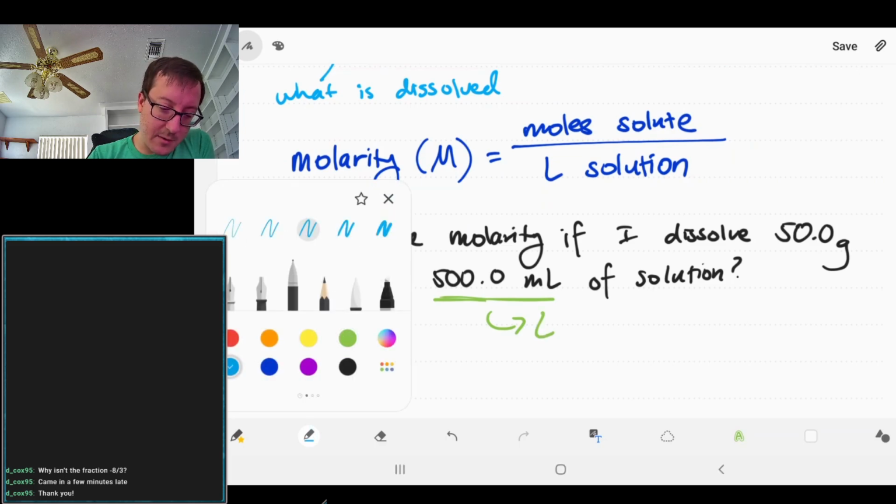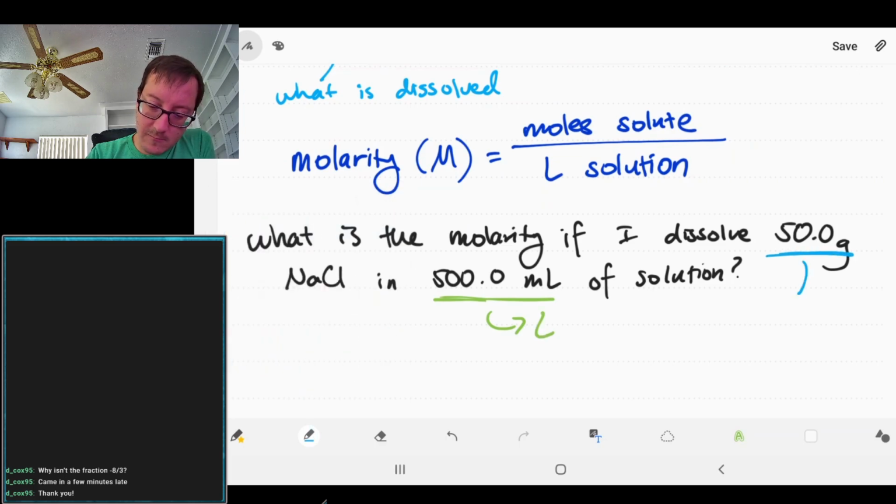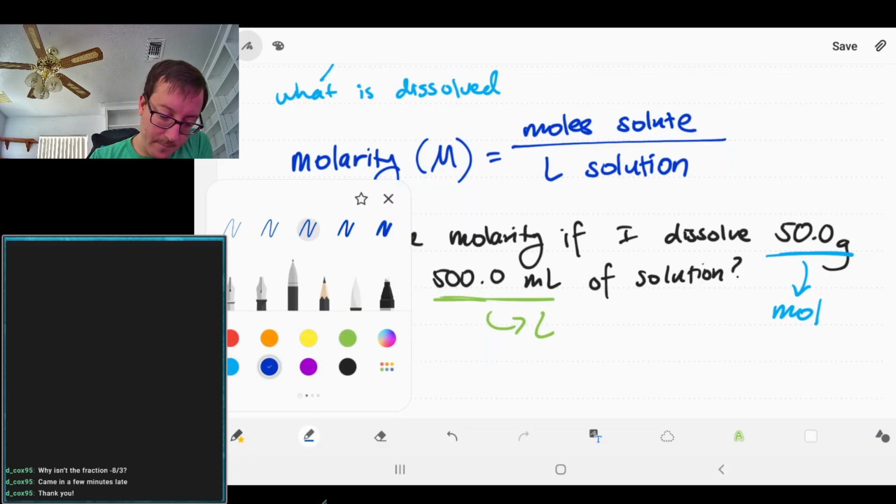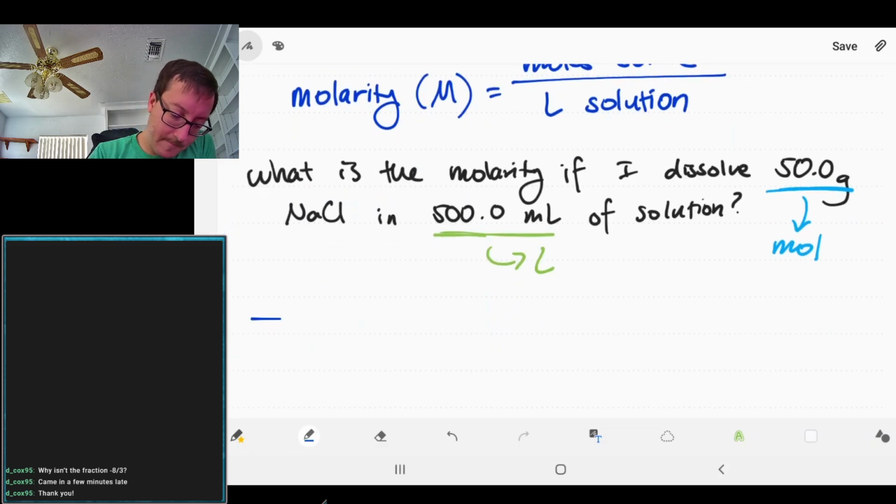And since the other part we need is moles, we need to convert that into moles. So we already know how to do these, right? One is just a metric conversion. The other one is using the molar mass. So for our moles, we're going to have 50 grams.